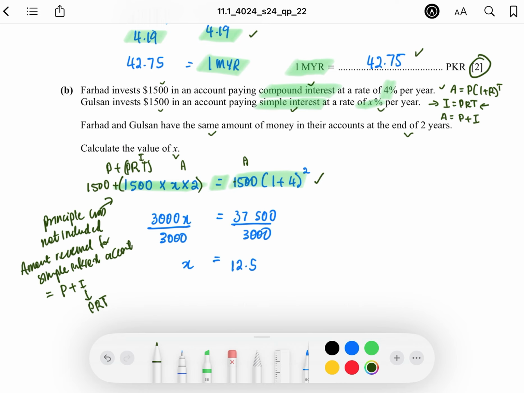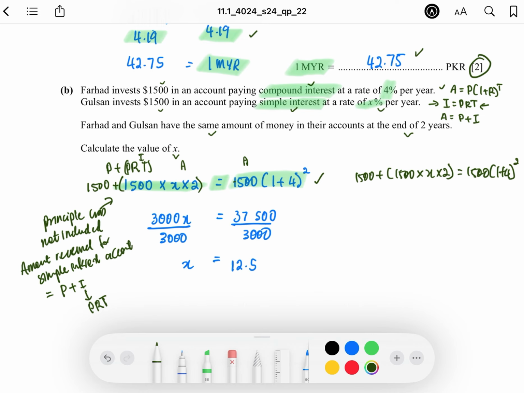So correcting this one and then simplifying. Let's do this. So we have 1,500 plus 1,500 times x times 2. That is equivalent to 1,500 times 1 plus 4 to the power of 2.